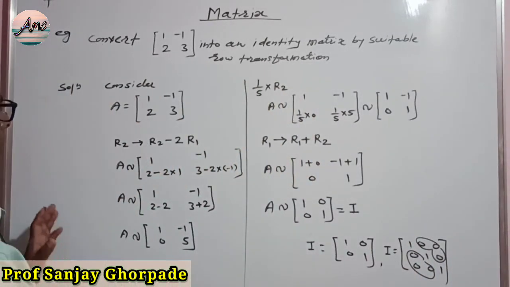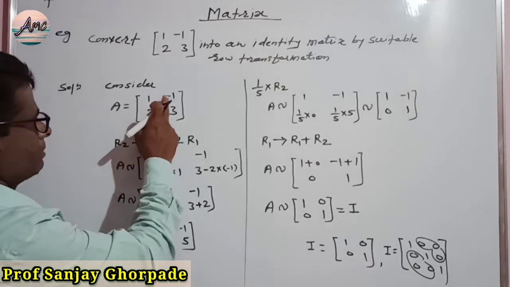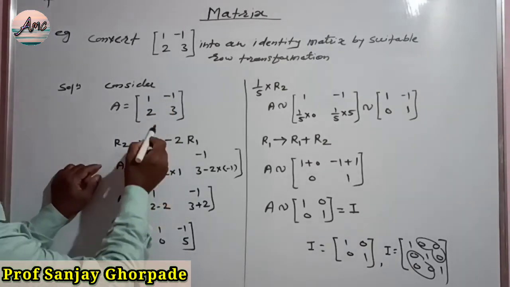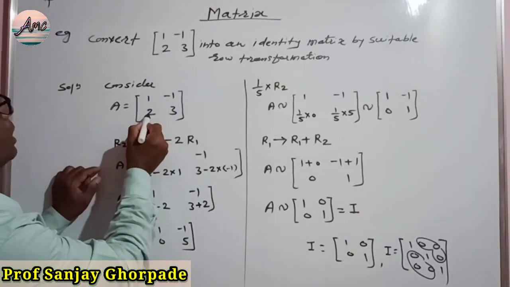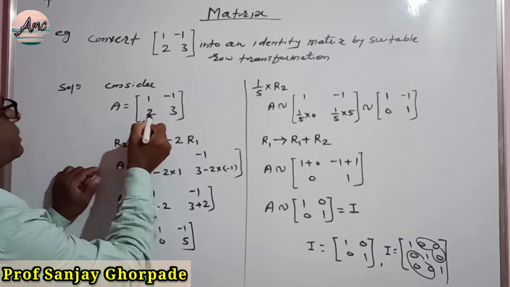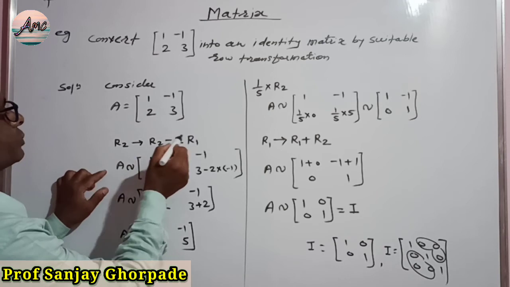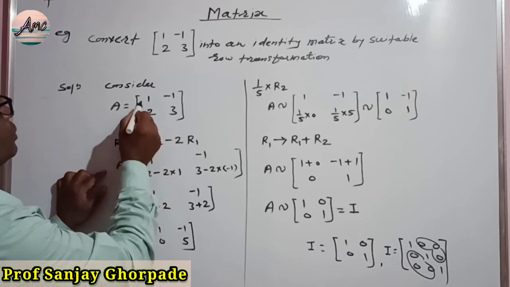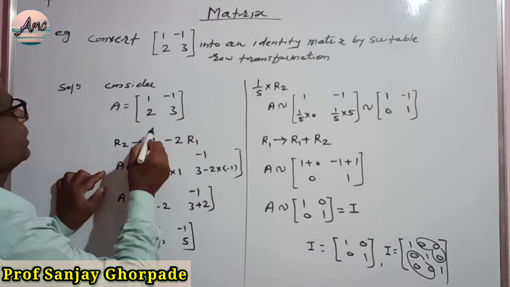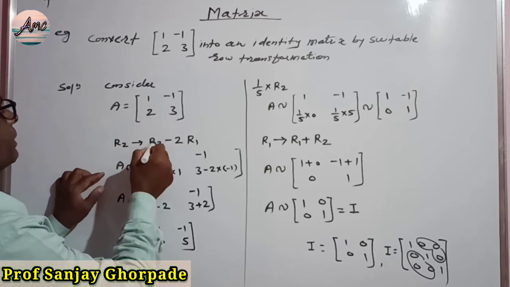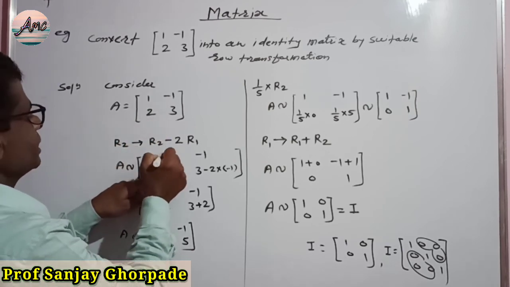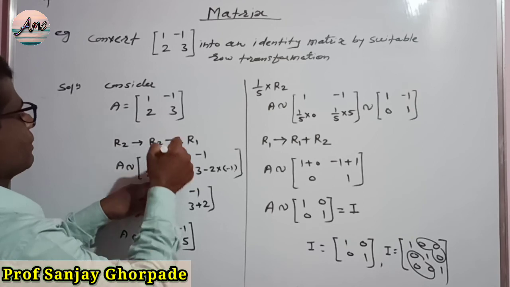So all the non-diagonal elements are 0 and every diagonal element is equal to 1, which is known as the identity matrix. The given matrix is 1, minus 1, 2, 3. First we make this element 0. How? By subtracting 2 from 2. If I subtract 2 from these 2, you will get 0. So R2 tends to R2 minus 2 times R1. So matrix A equals, no change in the first row, 1, minus 1. Second element of second row is 2 here, minus 2 into R1, R1 is 1.